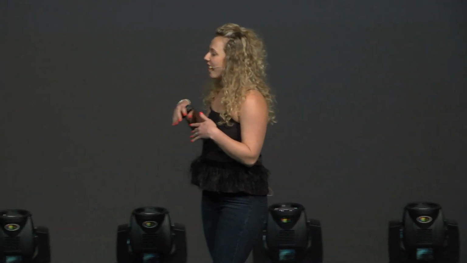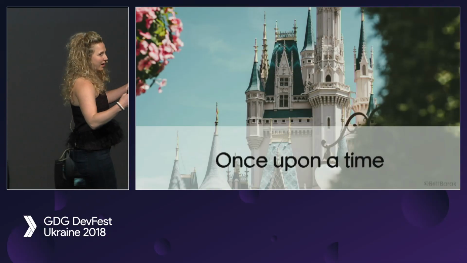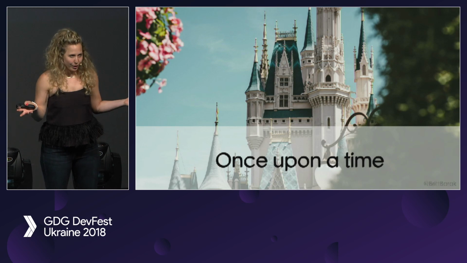All right. Once upon a time, and actually it's not that far away from here, and it's not that long ago, machine learning was kind of a magic word, right?